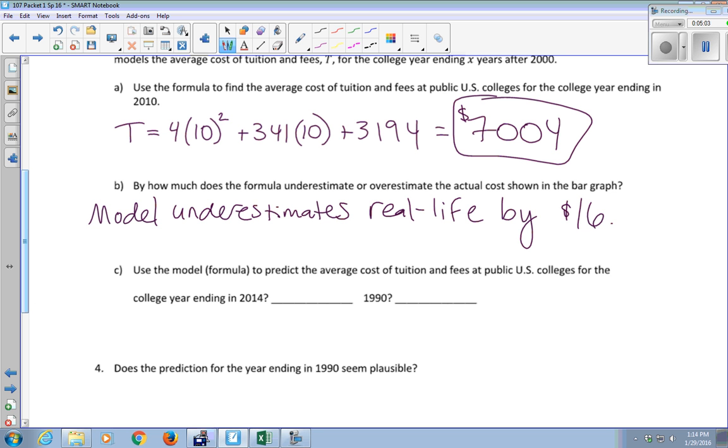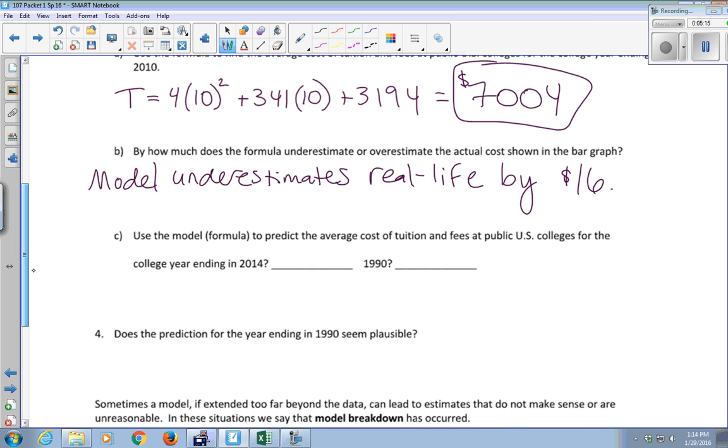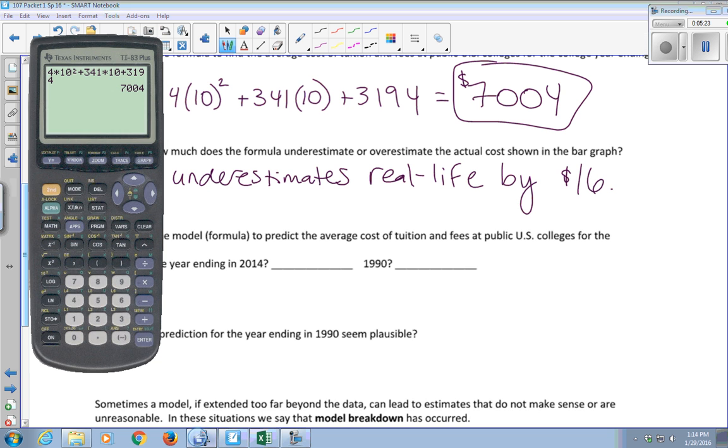And when we're talking a price of around 7,000, it's not a bad percentage error, right? $16 doesn't seem like that big a deal when the actual cost is 7,000. So it's a pretty good model. So far, seems like a pretty good model. Let's see what happens if I try to predict for 2014. So this time, instead of putting a 10 in here, I'm going to put 14s.